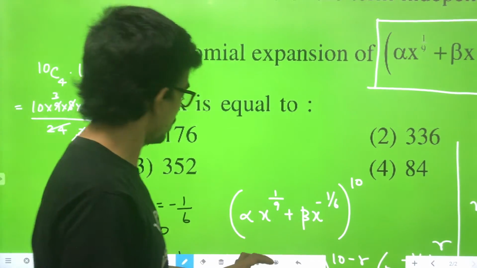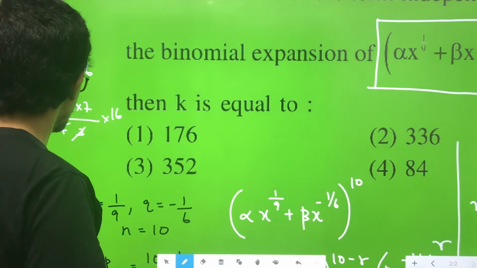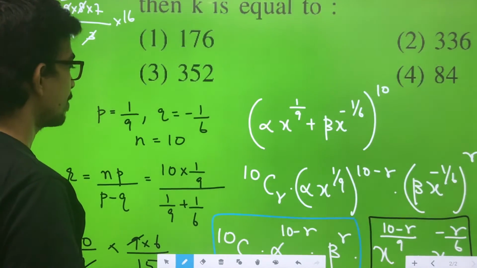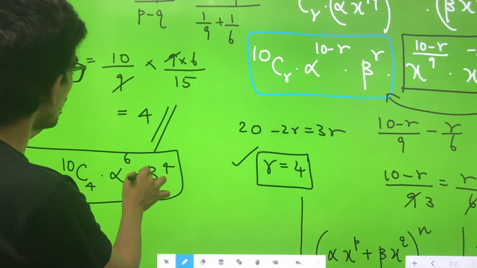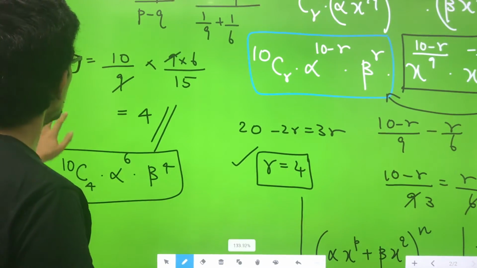Hold on. We got 10c4 into alpha power 6 into beta power 4, right?